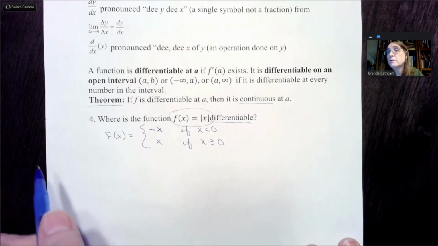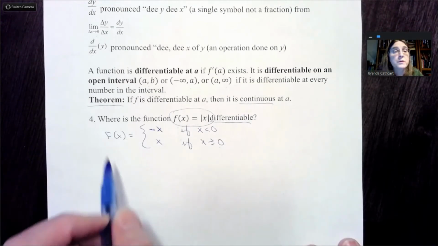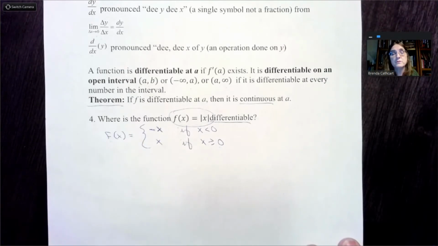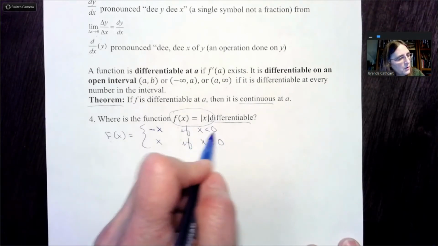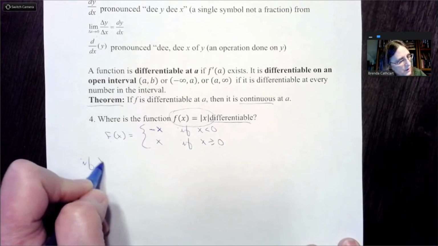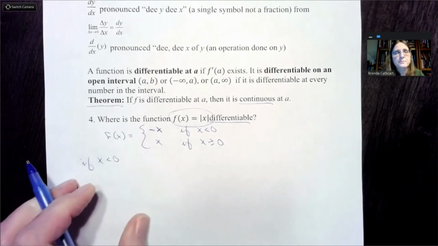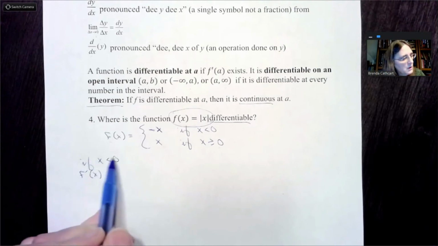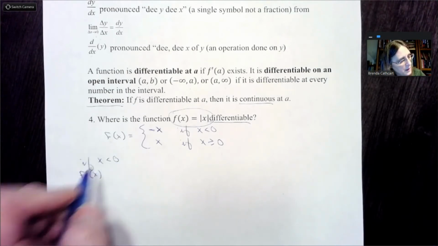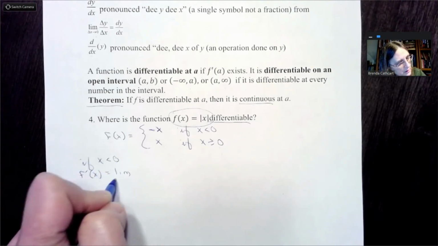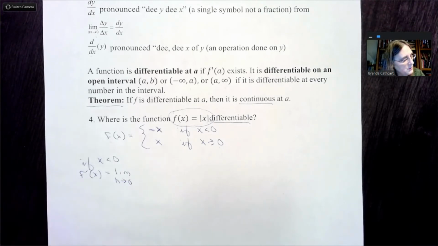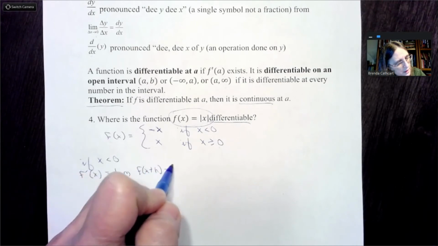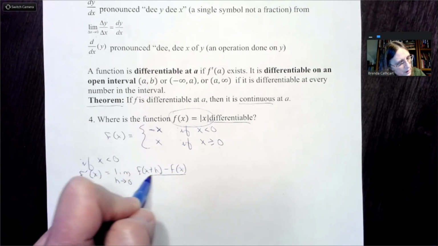But what about the derivative? What does the derivative look like? And we're going to have to look at each piece to see what happens for our derivative. So for our first piece, if x is less than 0, then f prime of x on that interval is going to equal the limit as h approaches 0. Remember, our rule is f of x plus h minus f of x over h.